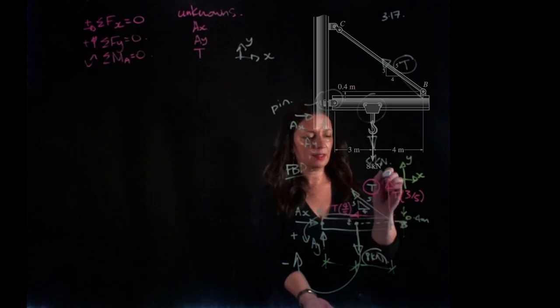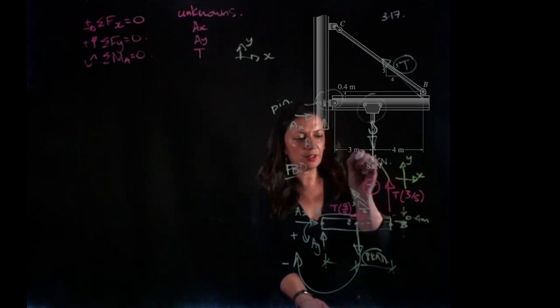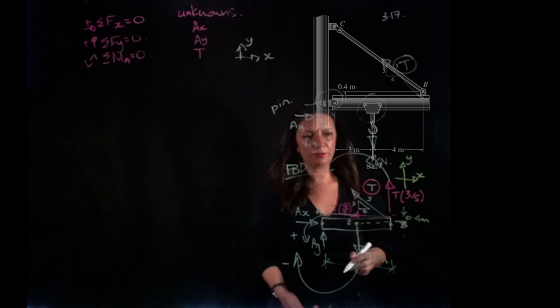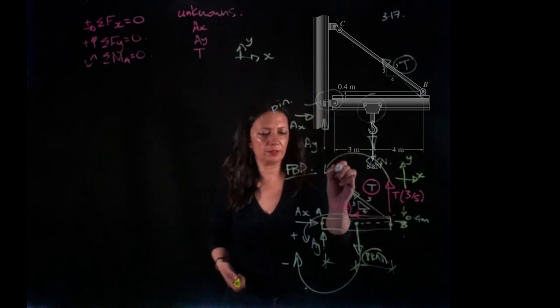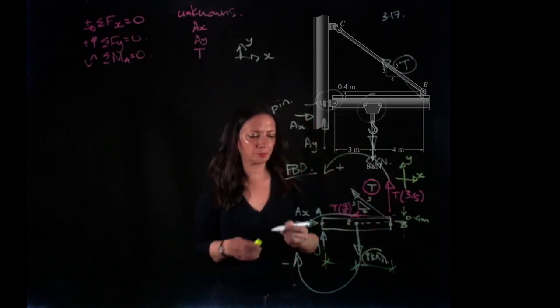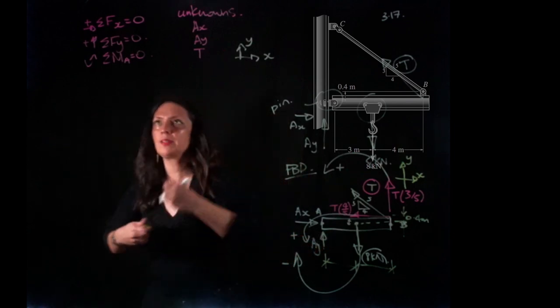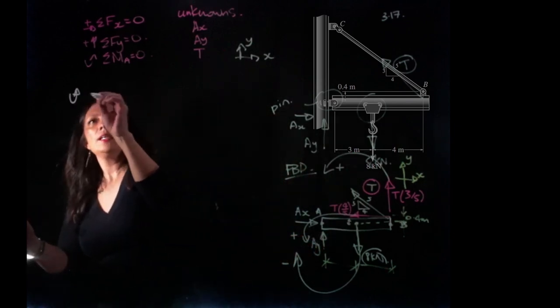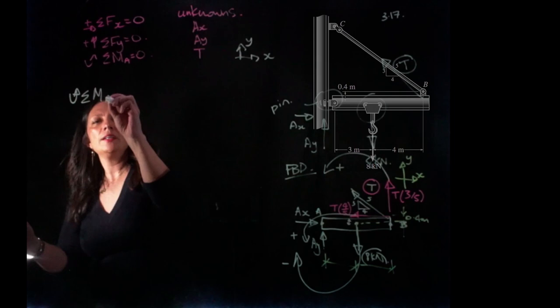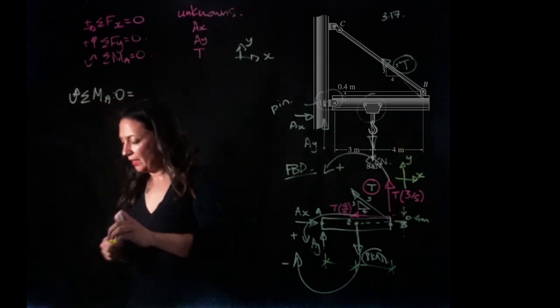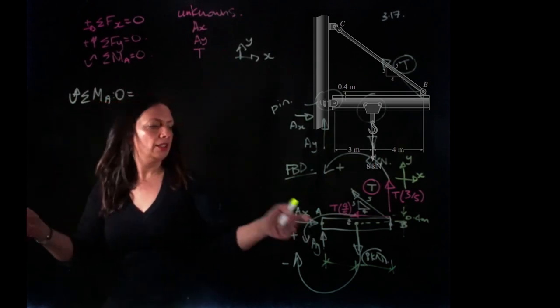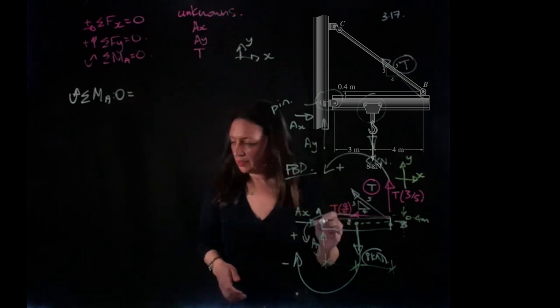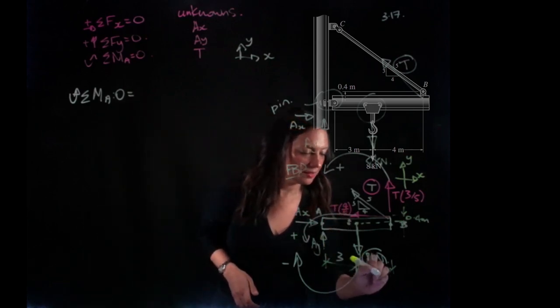And then in the Y component, it's going to go in that direction. So that's positive, and that's positive. Right, let's solve this. Sum of the moments around A has to equal 0. That's 3 meters, and that's 4 meters.